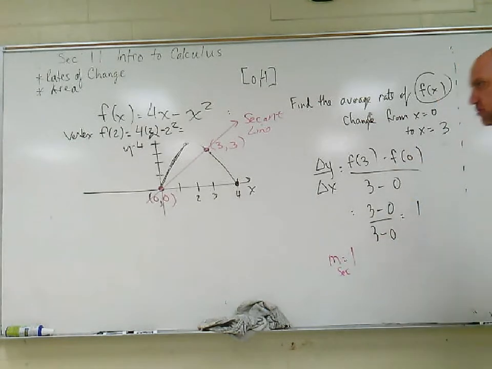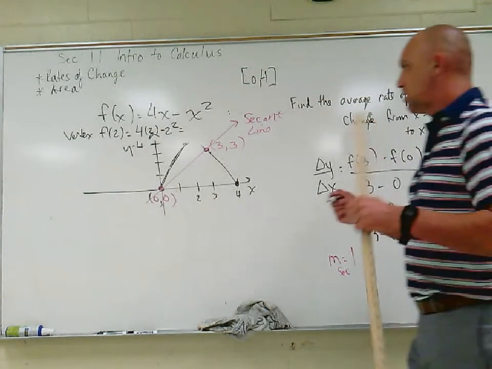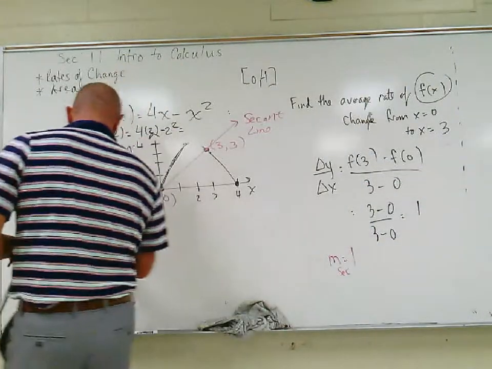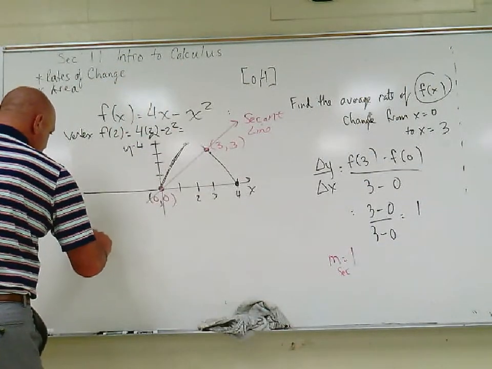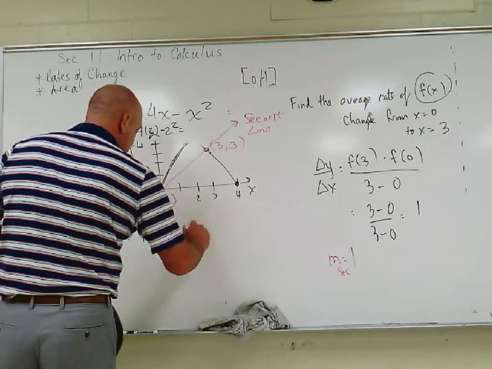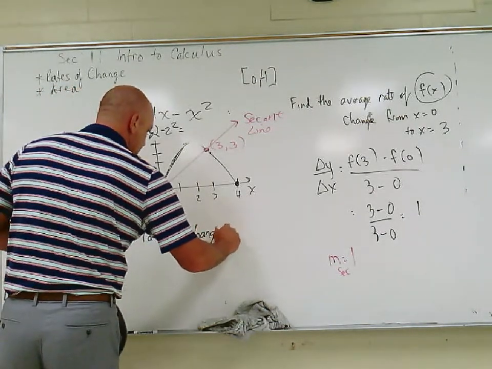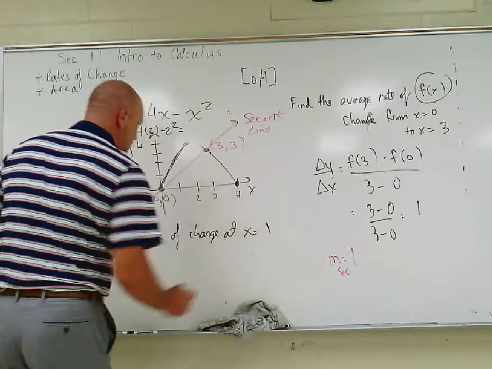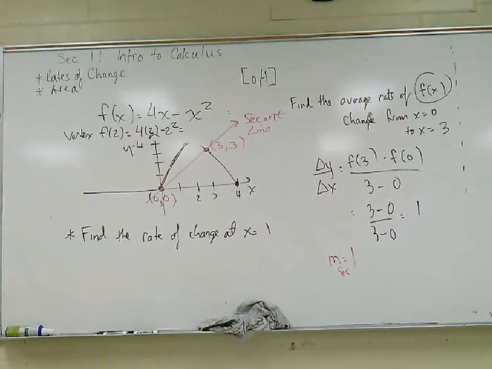Now here's the $60 million question. If I just said, find the rate of change at x equals 1. So what do we say for rate of change? How many points do you need? 2. What's the problem with that question?